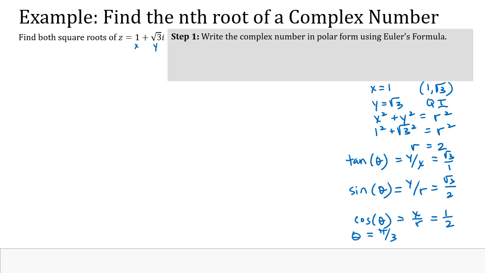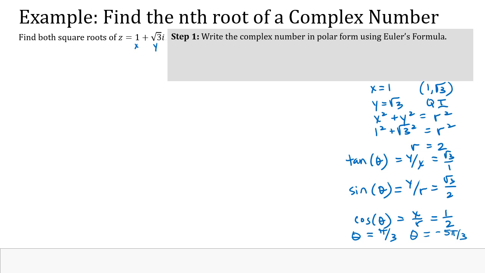Using a coterminal angle to pi over 3 is going to get me the other root. So what is a coterminal angle to pi over 3? Well, I can either add 2 pi or I can take away 2 pi. 2 pi in thirds is 6 pi over 3. I'm going to take away 6 pi over 3, and that's going to get me a theta value of negative 5 pi over 3.